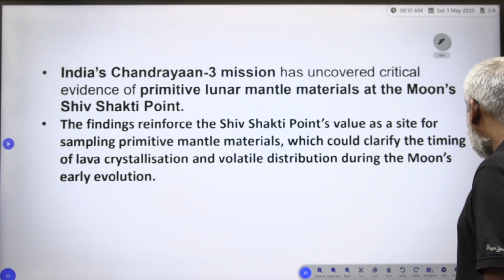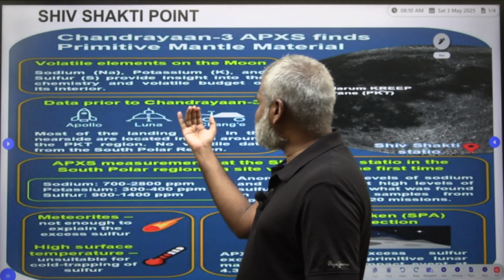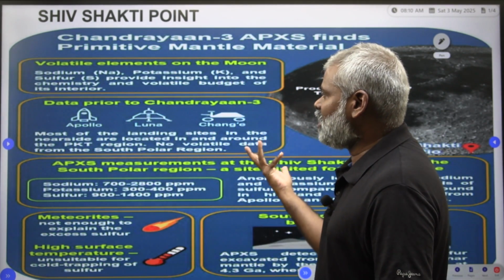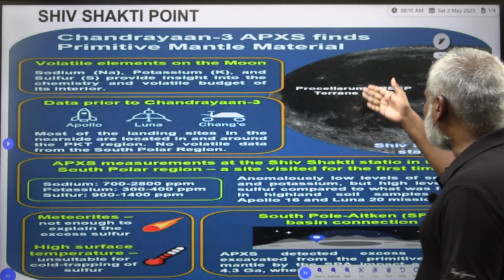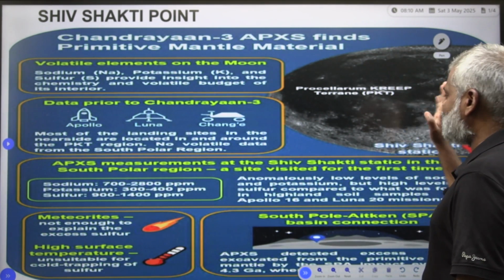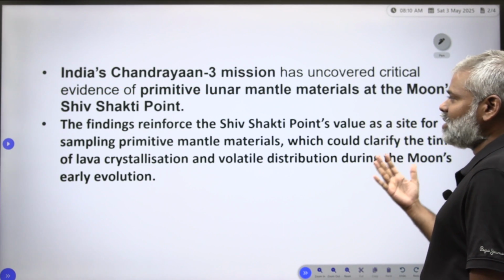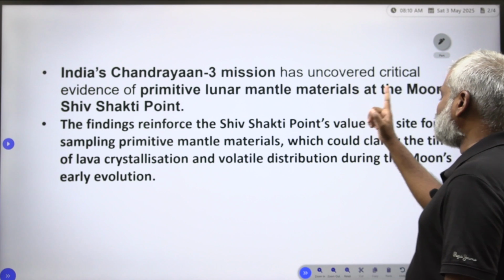Till now, prior to Chandrayaan 3, Apollo, Luna and Chang'e have not given this type of data near the PKT surroundings, but at the Shiva Shakti point they are giving primitive lunar mantle materials.